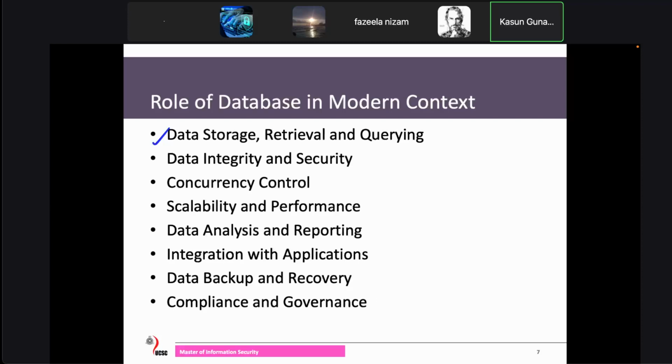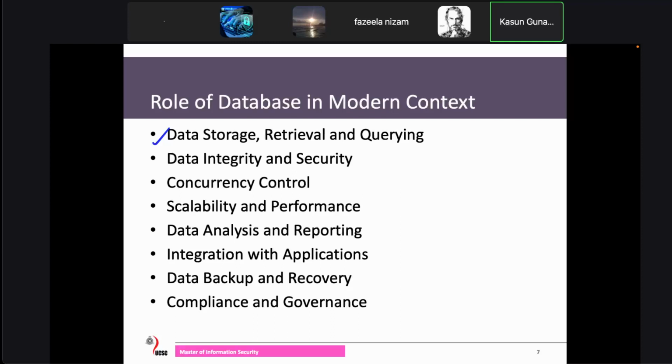So modern databases should be able to scale both vertically and horizontally. So this scalability enables systems to handle increasing data volumes and clients, and maintain performance levels as demanded.